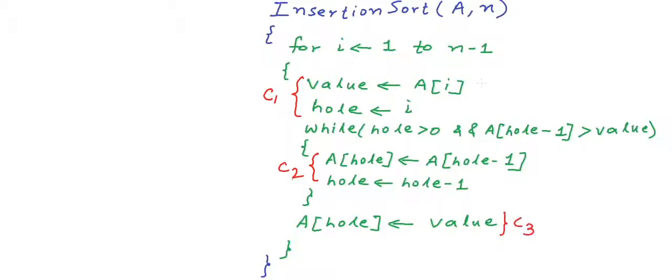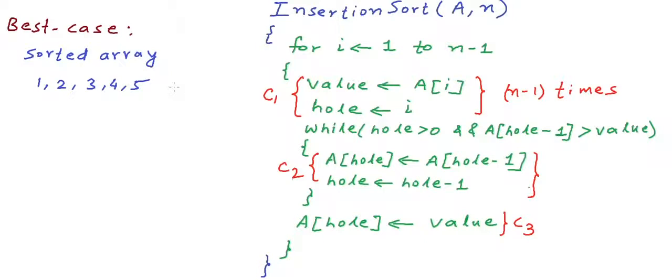Now for our algorithm, these two lines will always execute n-1 times. And how many times will these two lines execute inside the second loop? Well, it depends. It depends upon the input. When we will have a sorted array, then we will not go inside this while loop even once, because this particular condition will never hold true. And this particular statement with cost c3 will also execute n-1 times.